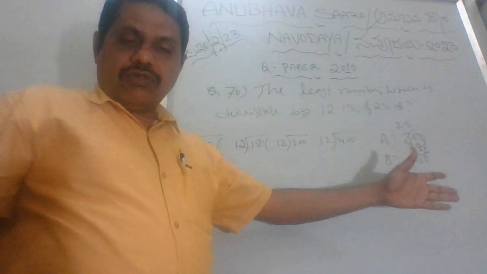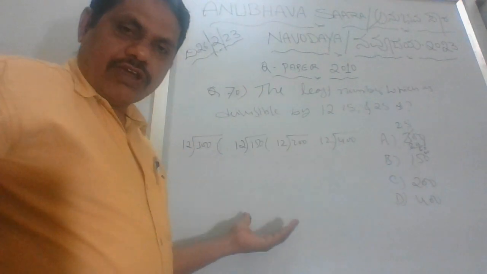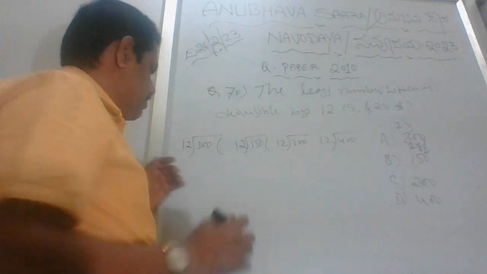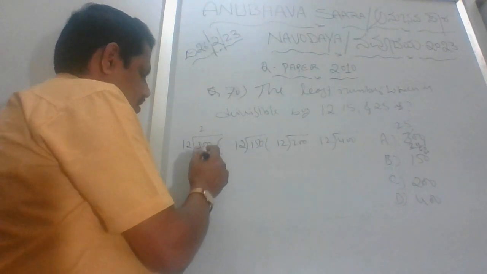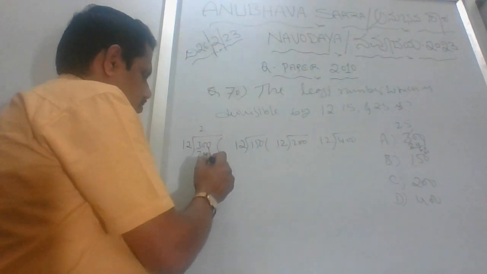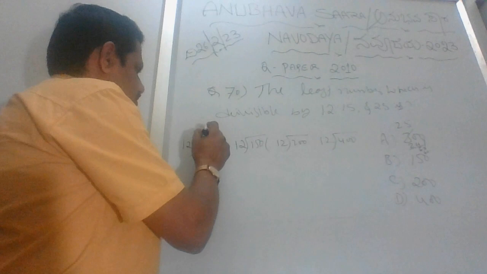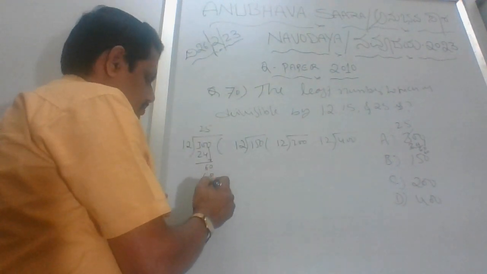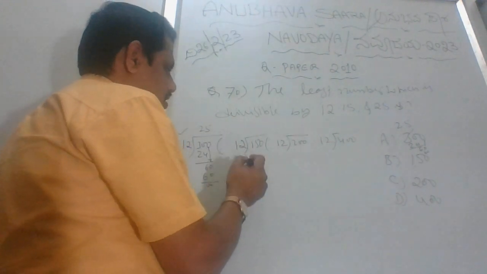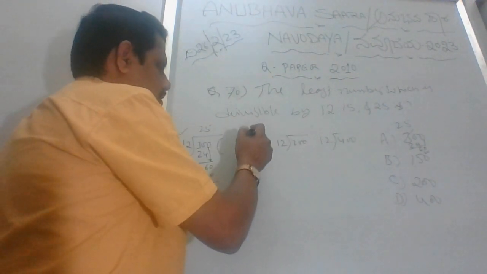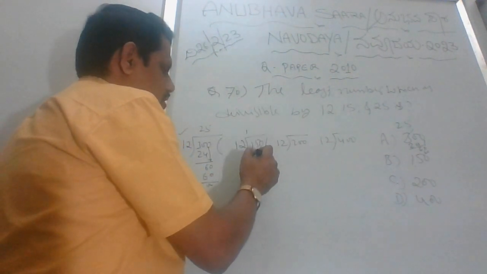I don't want to confuse you, so let us start from here and finish it. 12 2s are 24, 6 0, 12 5s are 60. So this is clear. Now let's come here. 12 1s are 12.